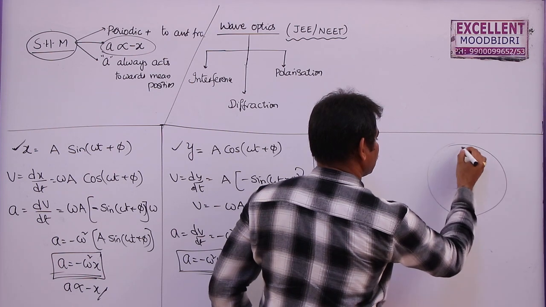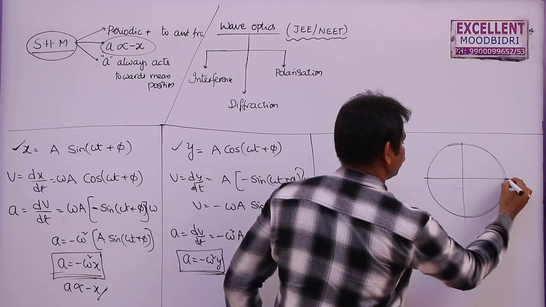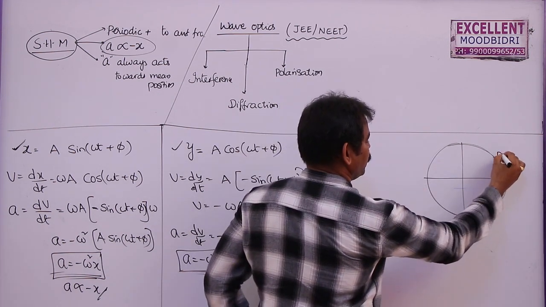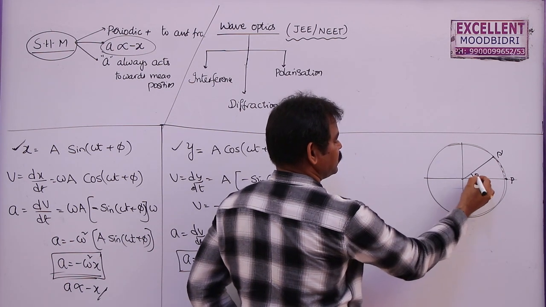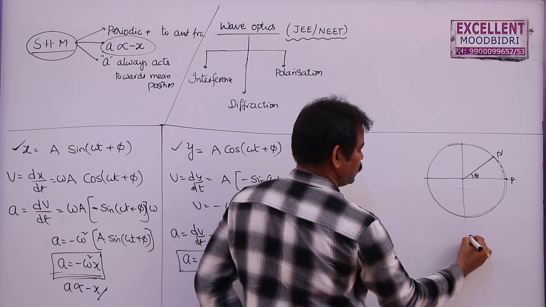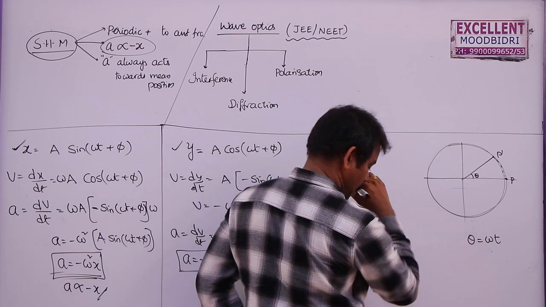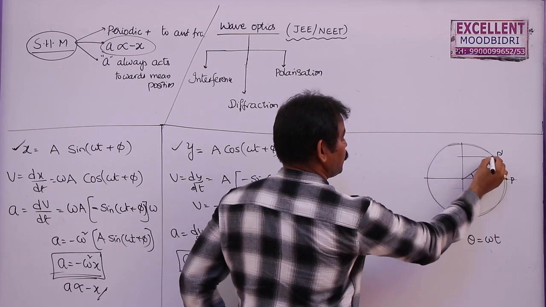Now in the third case, let us say this is a circular path and a particle is executing simple harmonic motion from here to here. So let us say it moved from P to P dash in a small interval of time, and the angle described by the radius vector is theta. So we can write theta is the angular velocity into time. Now we can write the displacement of the foot of the perpendicular.